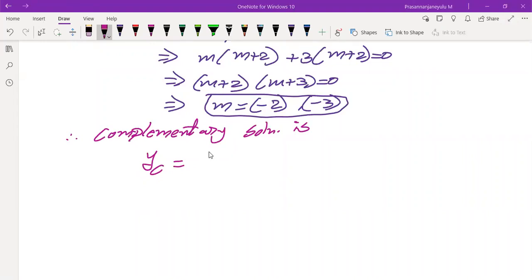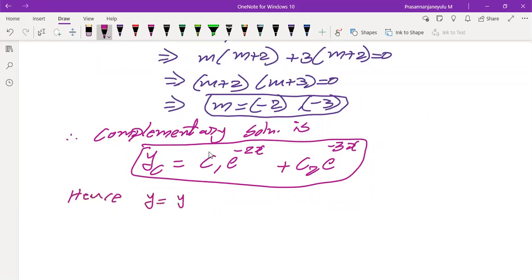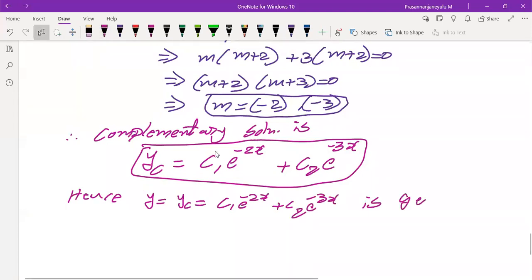So the solution is yc equals to C1 into e power m1 x, what is m1? -2, so e power -2x, plus C2 into e power m2 x, where m2 is -3, so e power -3x. This is only yc. What is the general solution? This one only. Hence, y equals to yc equals to C1 into e power -2x plus C2 into e power -3x is the general solution of the given DE.